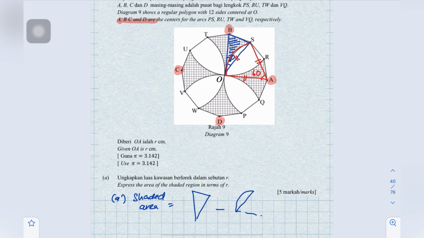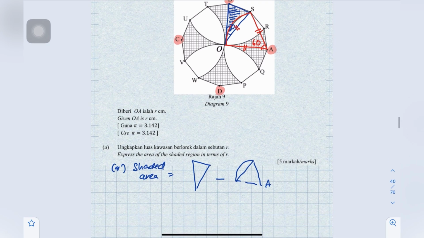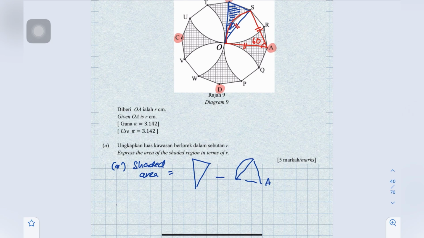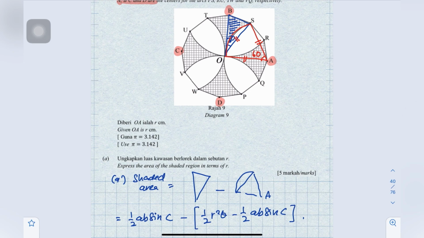This one is a sector, with center A. So the area of the triangle is 1/2 ab sin C, minus the area of the segment, which is the area of sector, 1/2 r squared theta, minus 1/2 ab sin C. So we can find it, and later we get the area of one part.